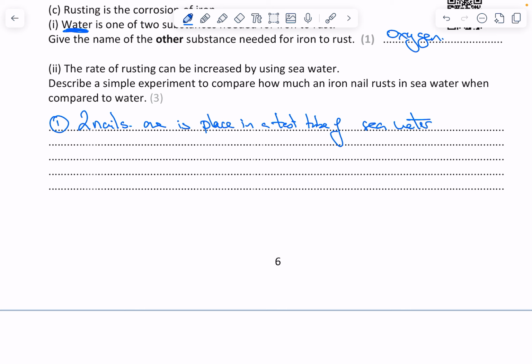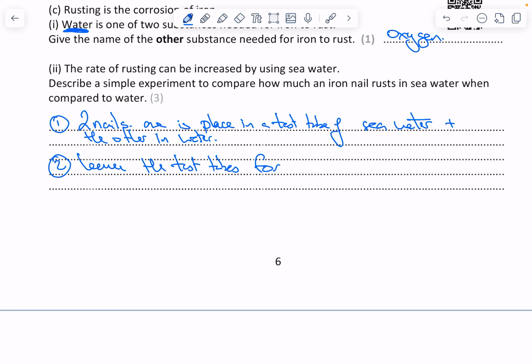So you put one of them inside a test tube of seawater and the other in water, so a test tube of water. Okay, you would then leave the test tubes for a few days. When we did it in class, we actually left them for a whole week.